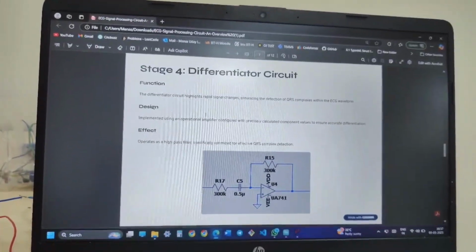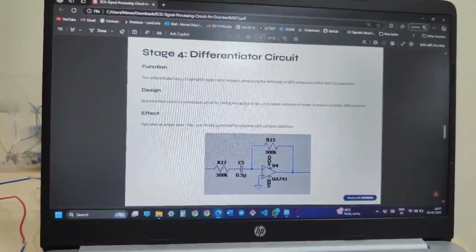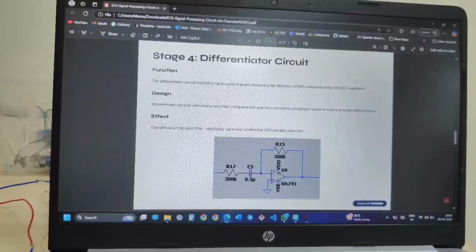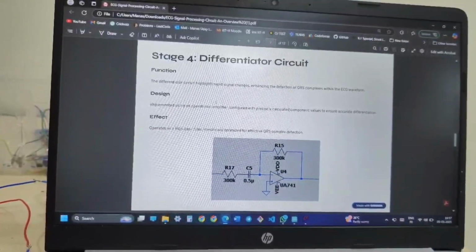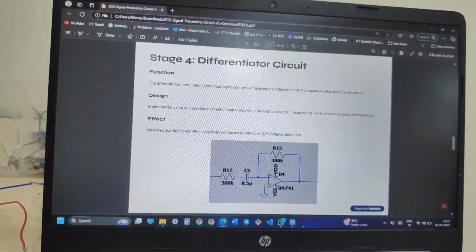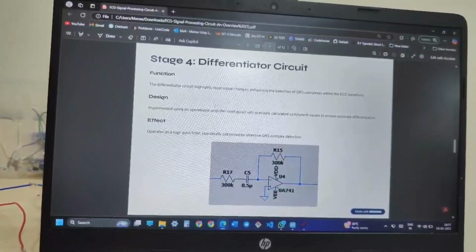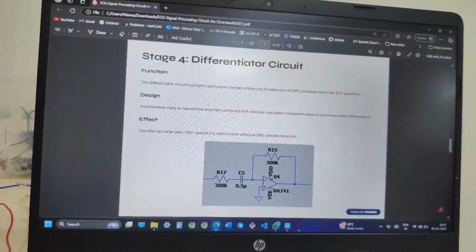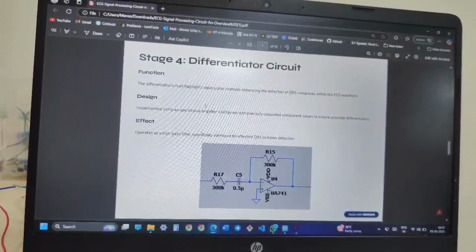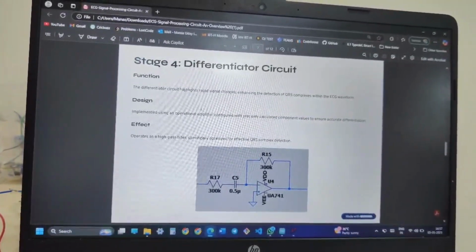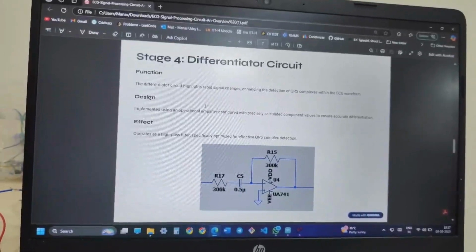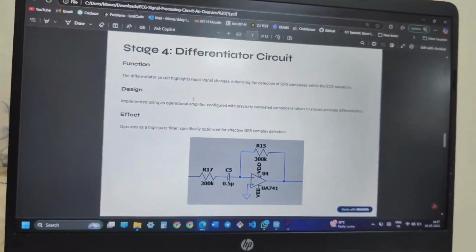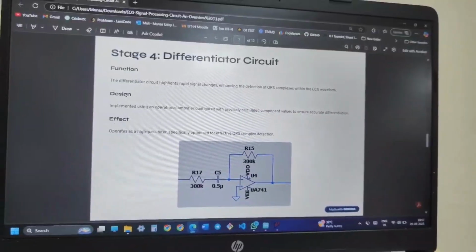This stage emphasizes rapid changes in the signal, which are characteristic of the QRS complex. By performing a differentiation operation, the high frequency components corresponding to rapid changes in the ECG signal are observed, facilitating R peak detection. By using KCL, we can easily say that the output is the differentiation of the input.